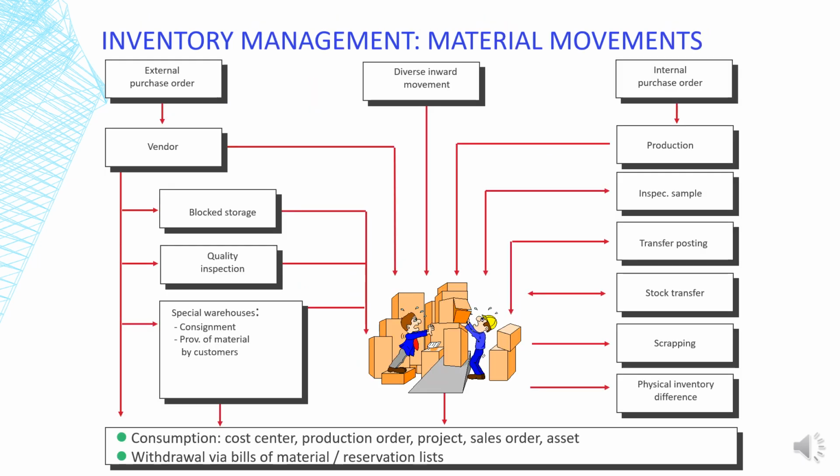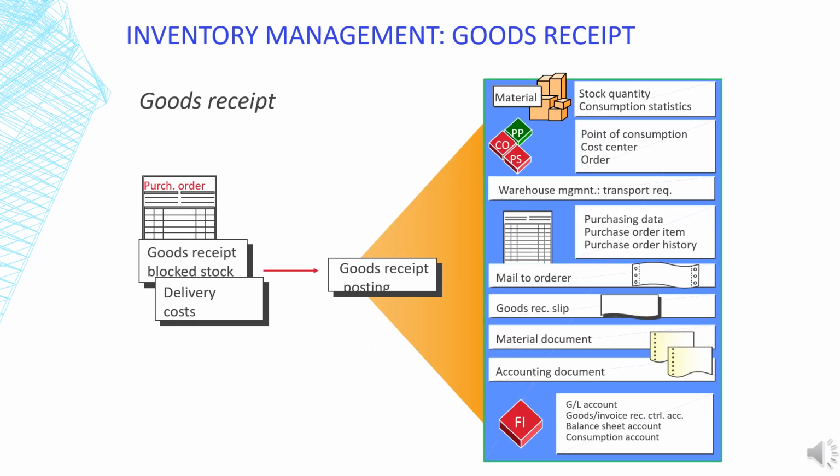In this picture we have listed out the sample material movements from the inventory management perspective. These are the steps in inventory management. We call it goods receipt. So we can post goods receipts for unrestricted stock, and we can also use the return goods receipt as well. Those are kept in the inventory management.